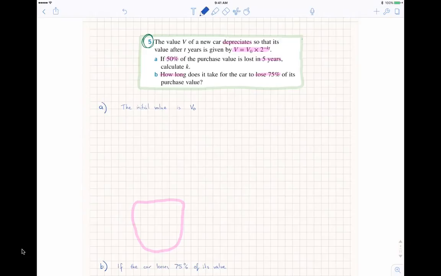So we know that the initial value is V naught. 50% of the initial value, we could represent 50% as being a half of V naught, a half of the initial value.